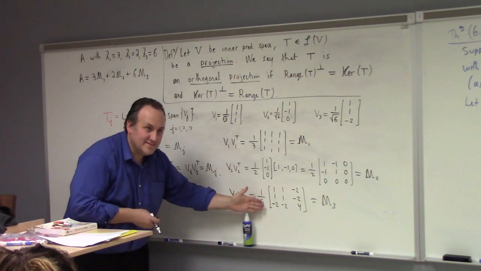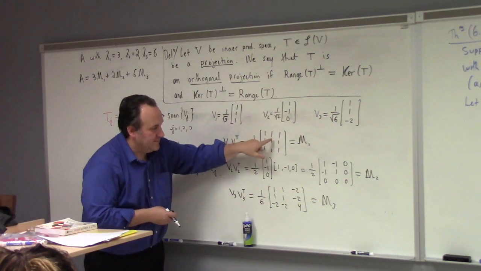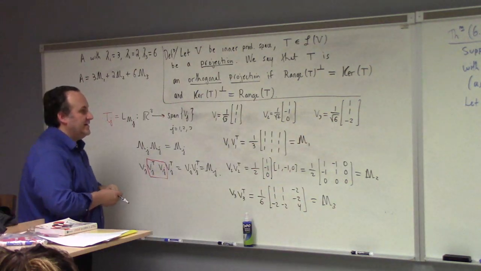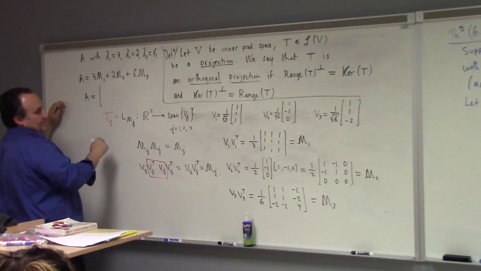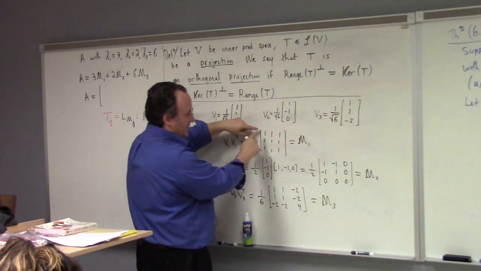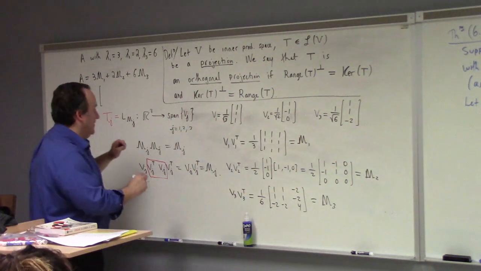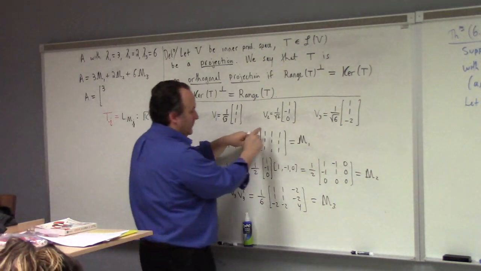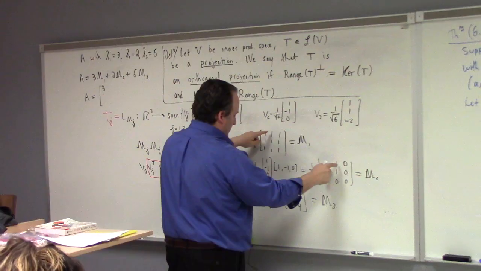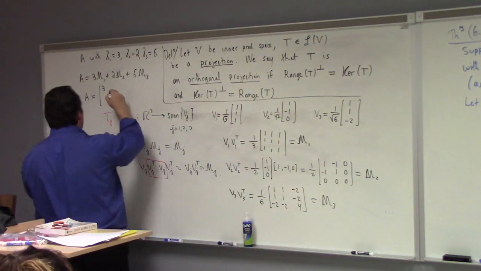the fractions are gone, and we can just add these 3 matrices. What do we get? 1 plus 1 plus 1, 3. 1 minus 1 plus 1, 1.